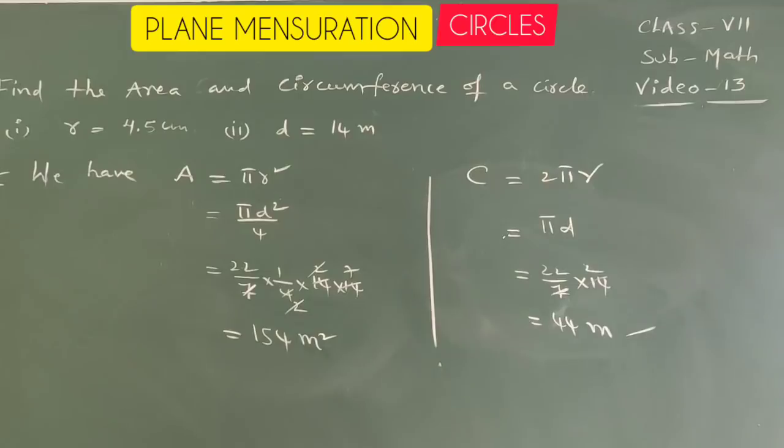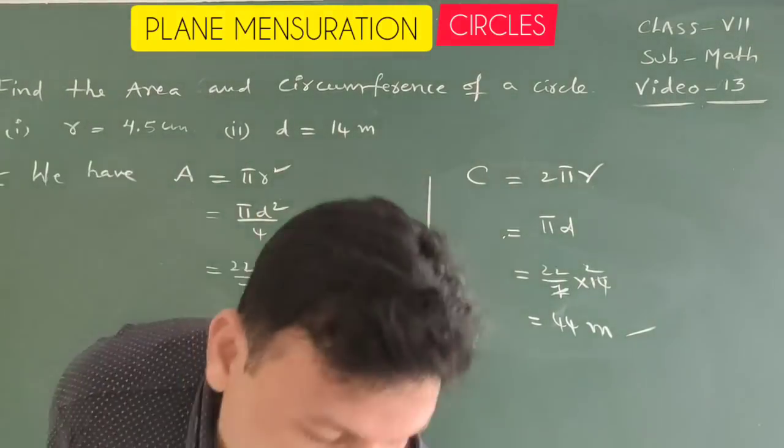Now find the area and circumference of a semicircle.